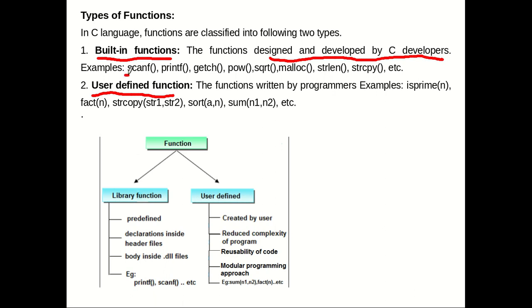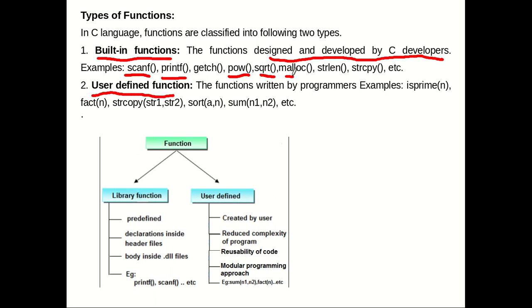We have already used the scanf function and printf function. The purpose of scanf is to read data from the keyboard. Printf will display the data on the screen, to find the power of a number we use the pow function, and to find the square root of a number, we use the sqrt function.